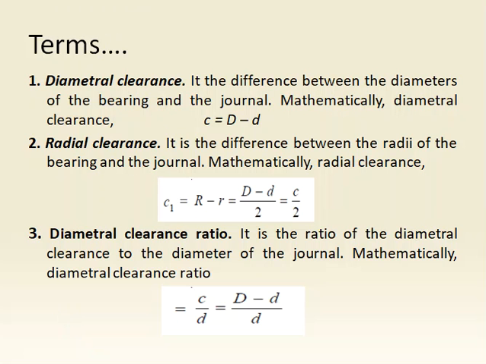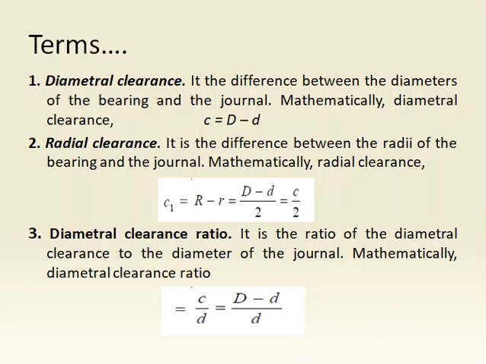So it is C by d, where C is equal to capital D minus small d, so (D minus d) by d. You can also write it as D by d minus 1. So that is the diametral clearance ratio.